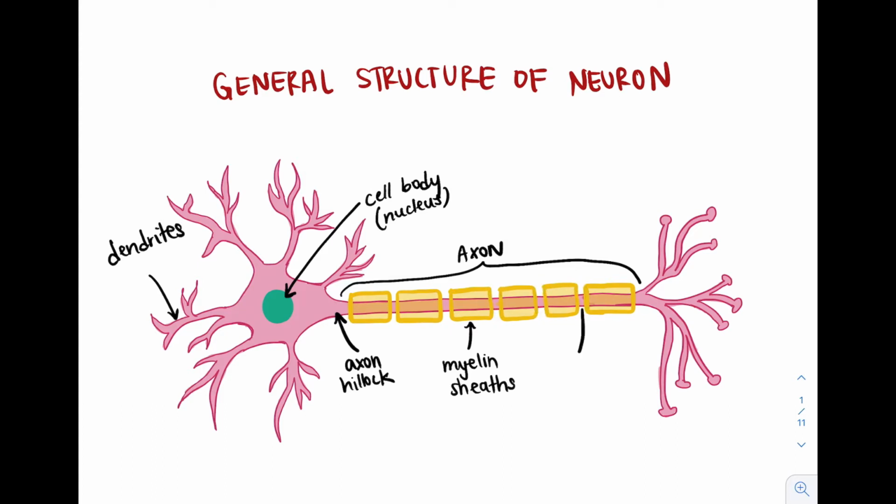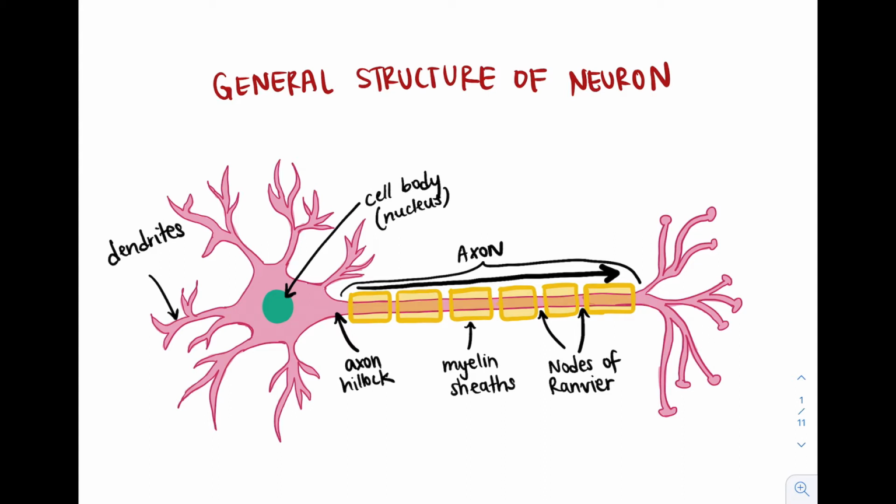And these nodes of Ranvier are going to have special channels that are needed for the action potential to occur. The action potential is able to jump over the myelin sheaths and in between the nodes of Ranvier. So, this structure allows the action potential to propagate faster down the axon and in only one direction.